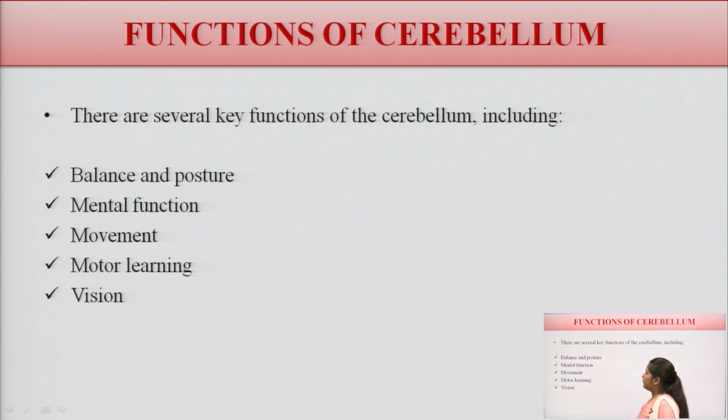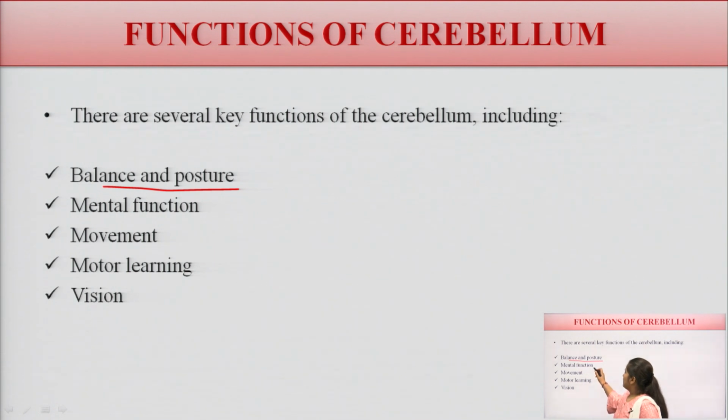Now, if we talk about the functions of the cerebellum, there are several key functions, including balance and posture. Whenever there is a problem in the cerebellum, the person will not be able to stand properly, so the balance of that person is not maintained.